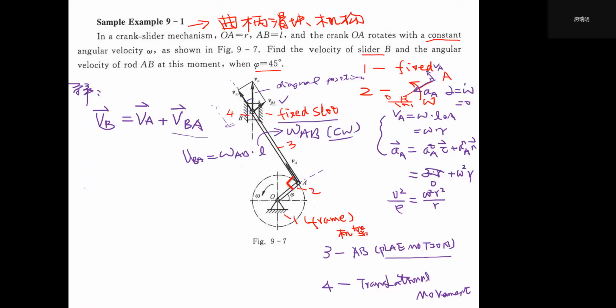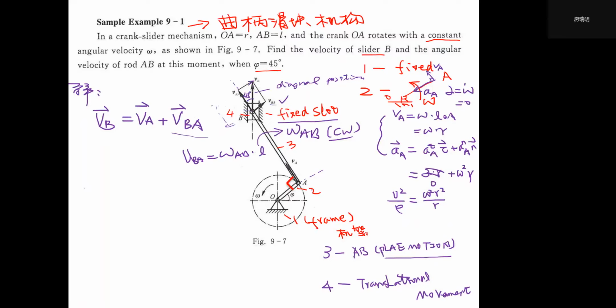Because this line is perpendicular to this horizontal line, and this line is perpendicular to this line, these two angles have sides perpendicular to each other respectively. So if this one is 45 degrees, this one is also 45 degrees. It's very easy to find that we have a closed vector triangle. This is VA, this is VBA, and this is VB.